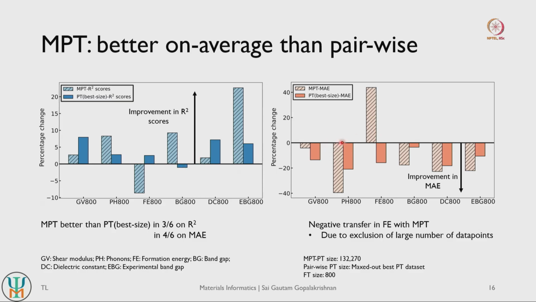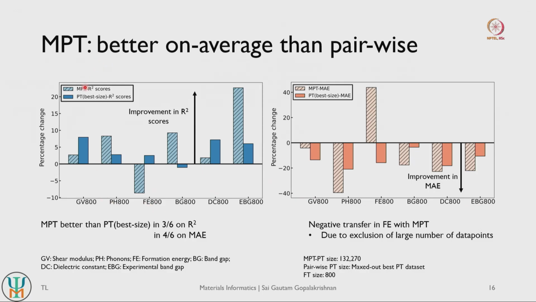The baseline in both the plots indicates your scratch model performance, right. And this has been done for 6 different data sets: shear modulus, phonon frequencies, formation energies, band gaps, dielectric constant, and experimental band gaps, right. Same thing here.